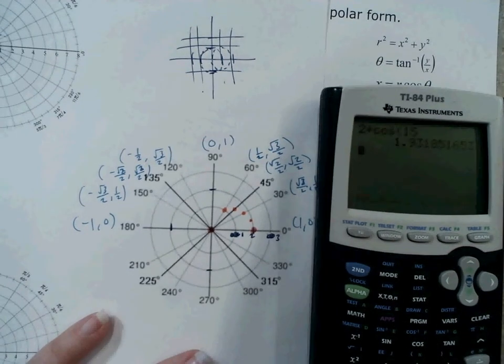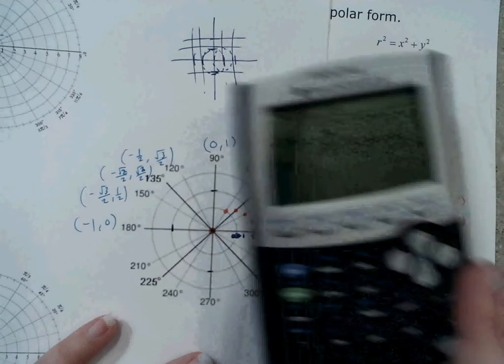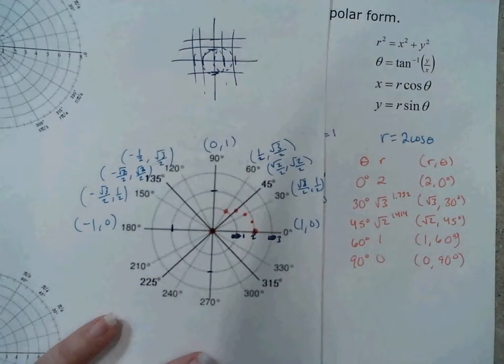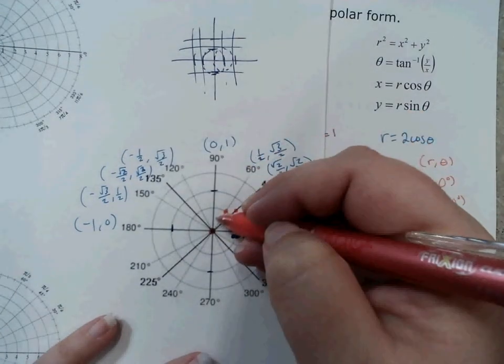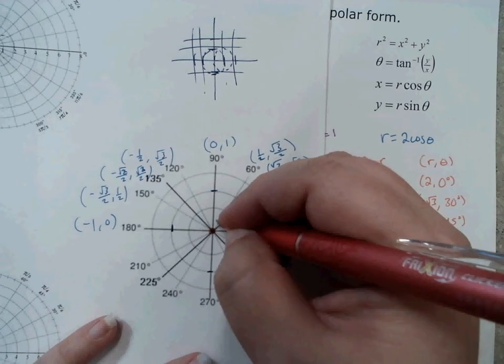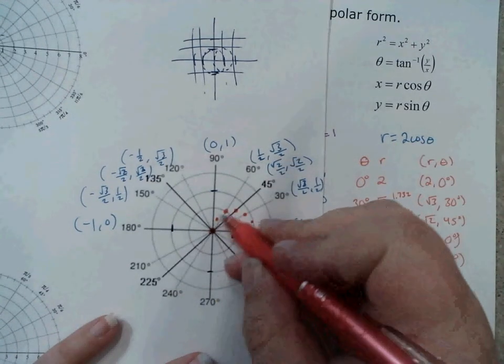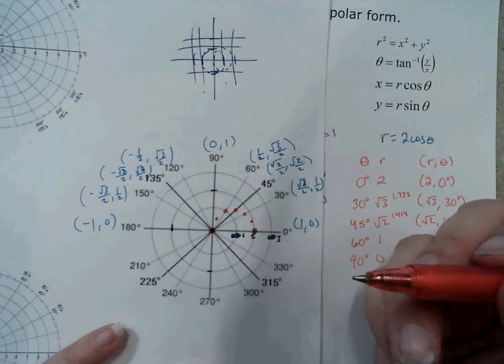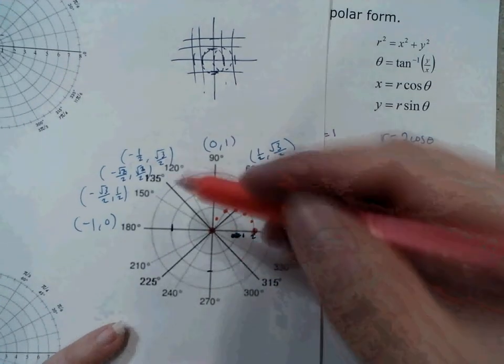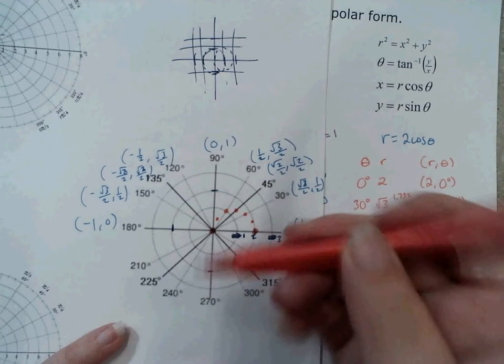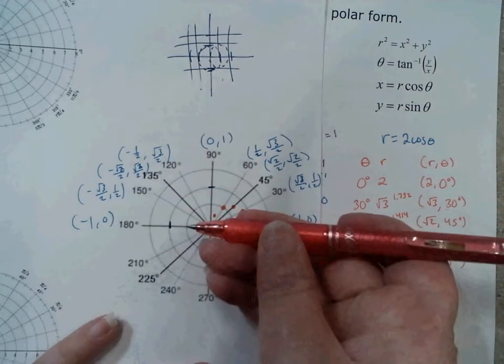If I do 75 degrees, 2 cosine of 75 degrees, I get 0.5176. So if I rotate 75 degrees, I get about 0.5, somewhere in here. And you can see we get this circular shape, so far a semicircle.